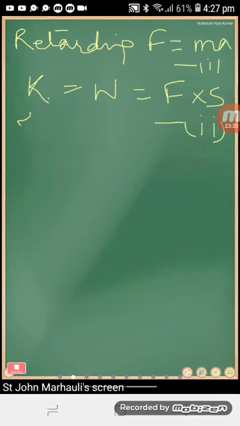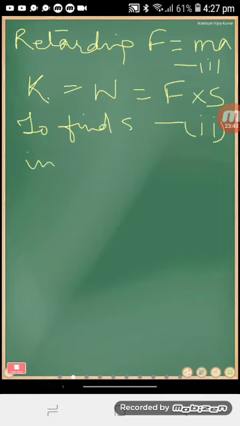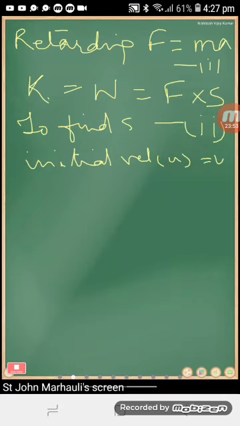So to find s, we use the equation of motion, but before that we have the initial velocity, because the body is already moving. Initial velocity, represented by u, is equal to v. Here we are taking v as the initial velocity from the standard point of view, although you can take any variable.